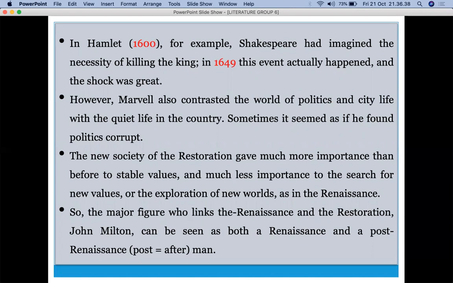Sometimes it seemed as if he found politics corrupt. The new society of the Restoration gave much more importance than before to stable values and much less importance to the search for new values or the exploration of new worlds as in the Renaissance. So the major figure who links the Renaissance and the Restoration, John Milton, can be seen as both a Renaissance and a post-Renaissance figure.